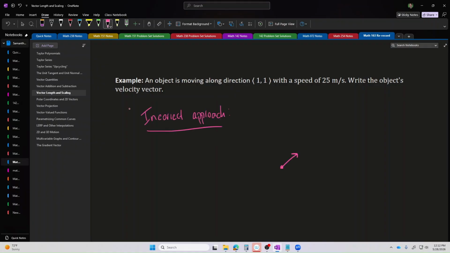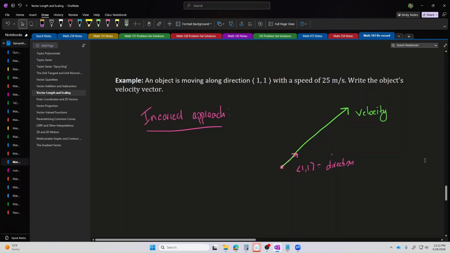My object is moving along this direction 1, 1. My velocity vector is also going to point in the same direction of movement, but it needs to be longer because the speed is equal to the magnitude of the velocity.